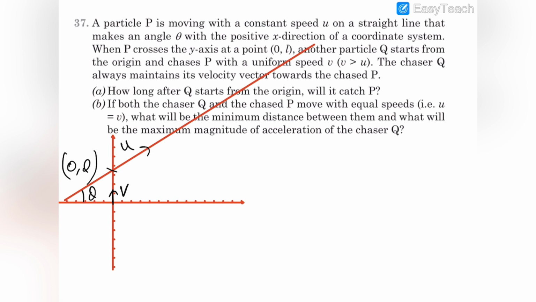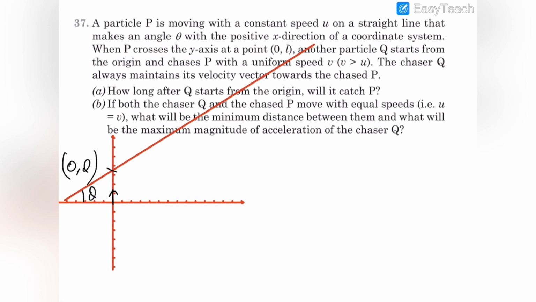So first of all we have to find out the time in which this particle will chase this particle. So we know that its trajectory would be like that, which we have already discussed in the previous problems.